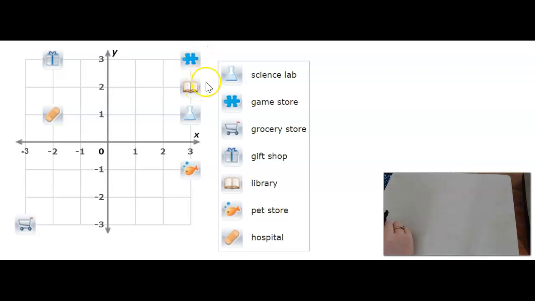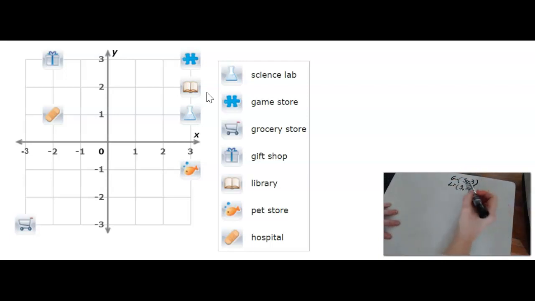As you can see, they are one block apart. That's really easy to see on the map, but if you were just given the coordinates, the game store's coordinates are 3, 3, and the library's coordinates are 3, 2.